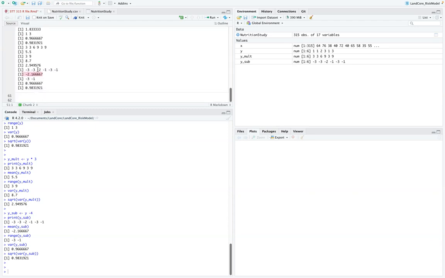The standard deviation, so for parts A and C, the standard deviation and the variance are the same.